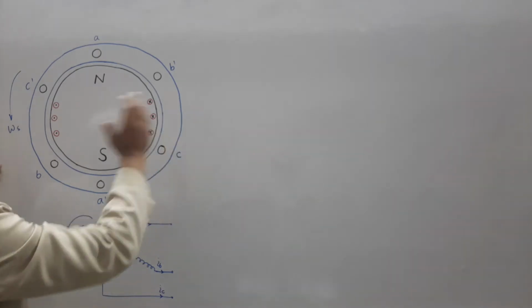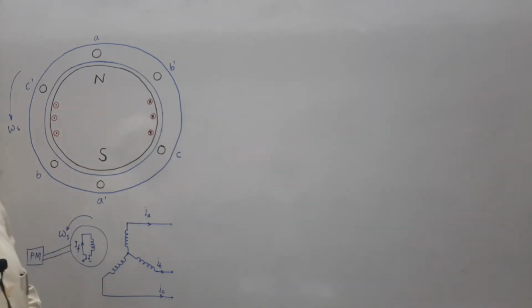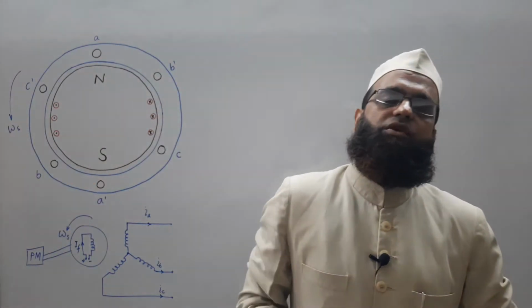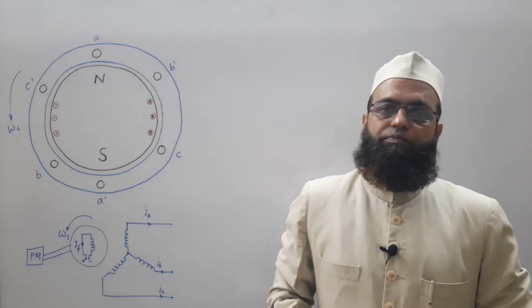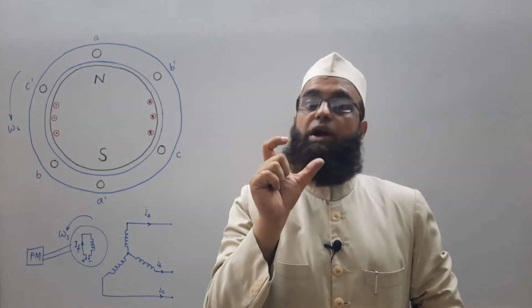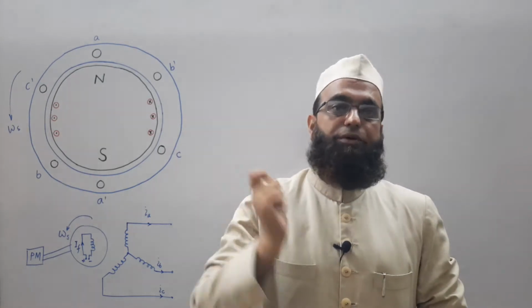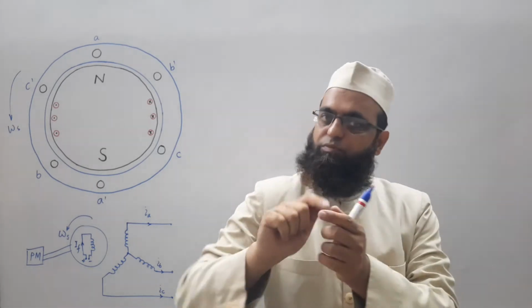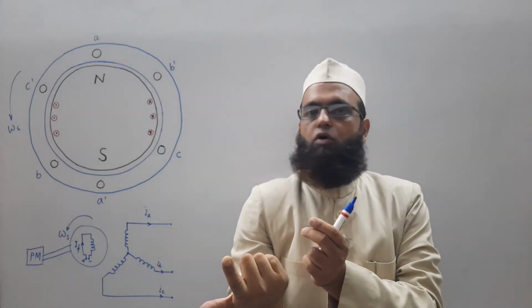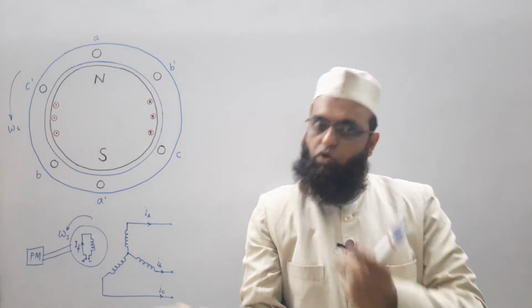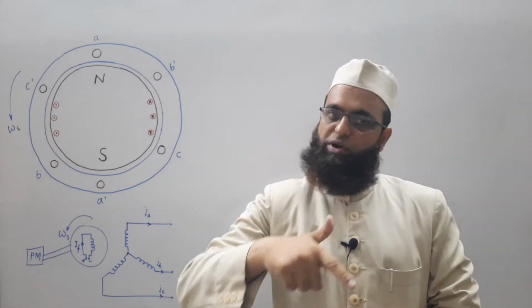See, stator is the stationary part, rotor is the rotating part, and the rotor is rotating in anti-clockwise direction. It means the relative motion of the conductor on the stator with respect to the rotor field will be clockwise. Hope it is clear to you.